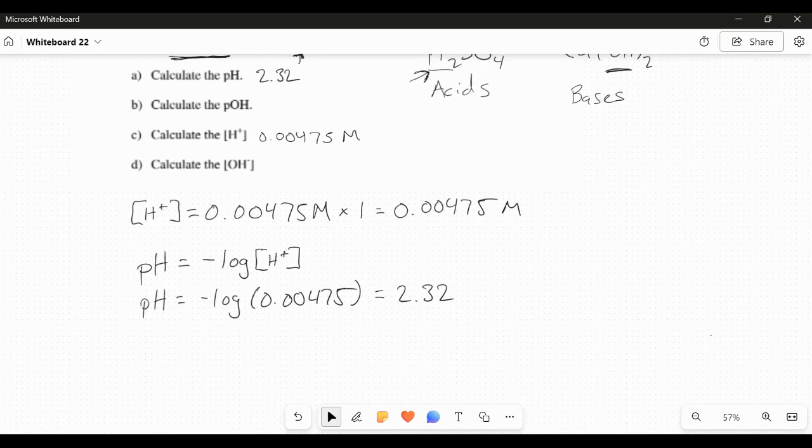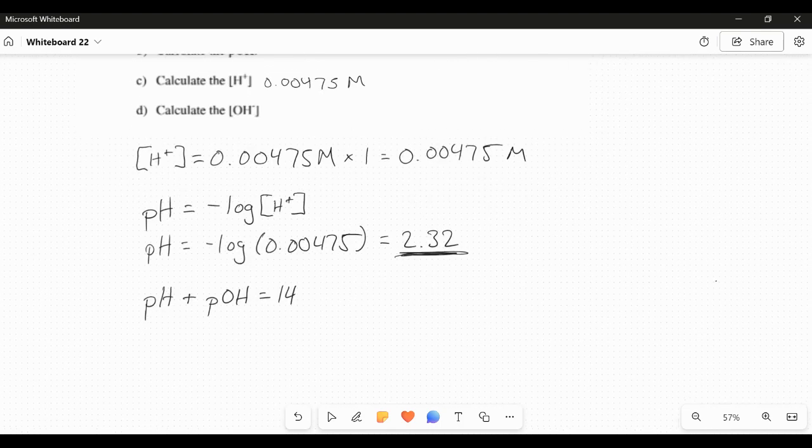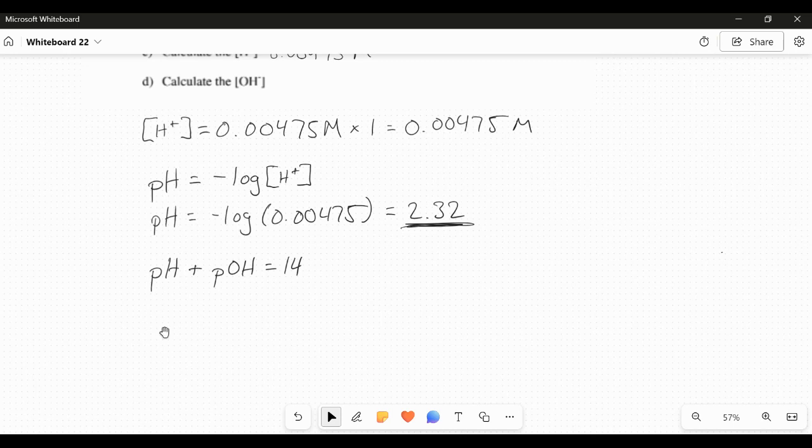From here, I can really quickly get my pOH because pH plus pOH is equal to 14. I've already got my pH right here, so I'm just going to plug it in. 2.32 plus pOH equals 14.